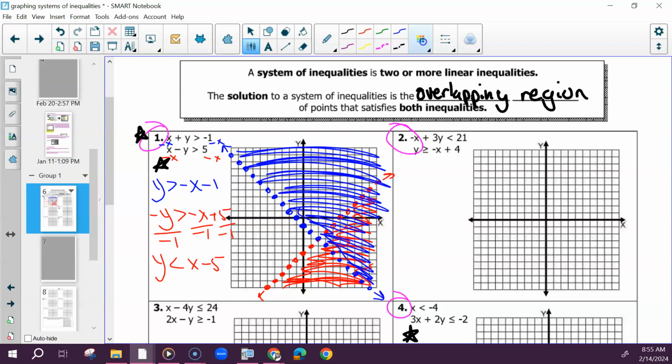So I didn't do the arrow trick, but remember, if you're not sure which direction, look at the y-intercept, draw an up and down arrow, and that will tell you which direction. And the overlapping is going to be this section right here. Questions on that? Aiden, did you just do this?